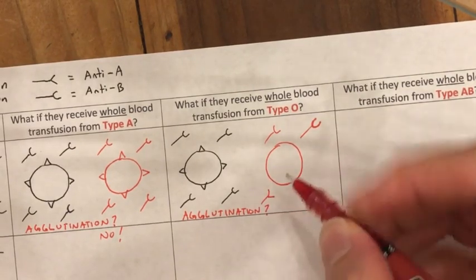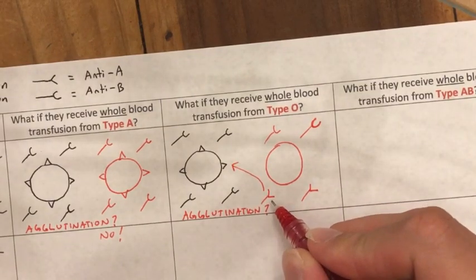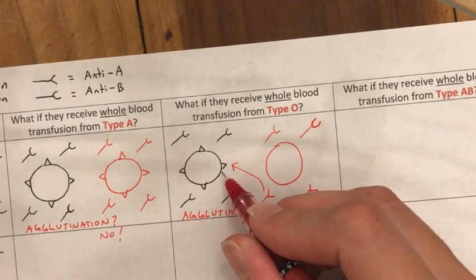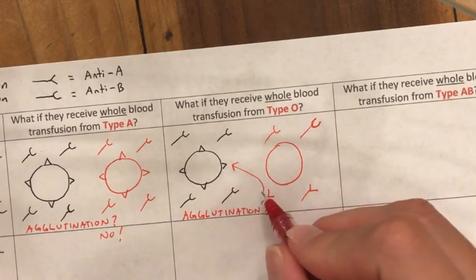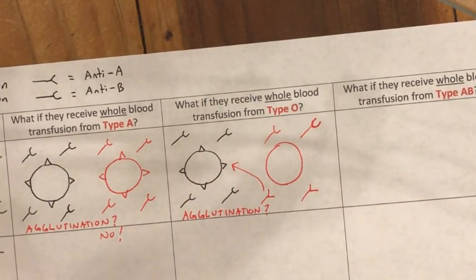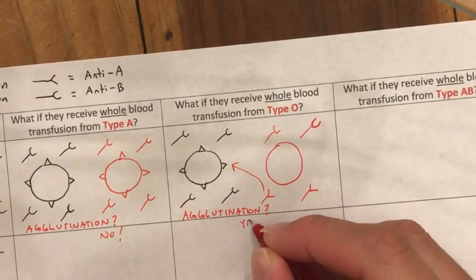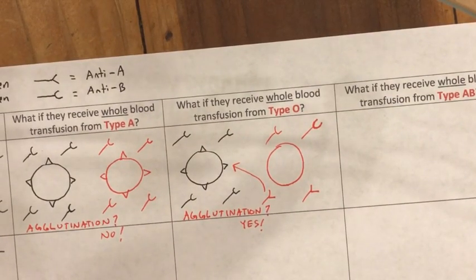Well, you may have spotted it. This anti-A antibody is going to be able to recognize the A antigen and thus bind it and cause agglutination to occur. So clumping does happen, so that is not a safe blood transfusion to do.